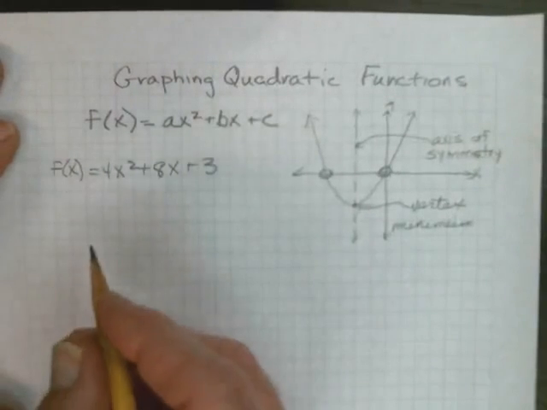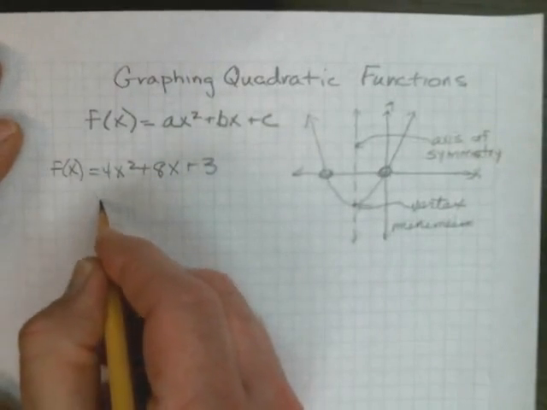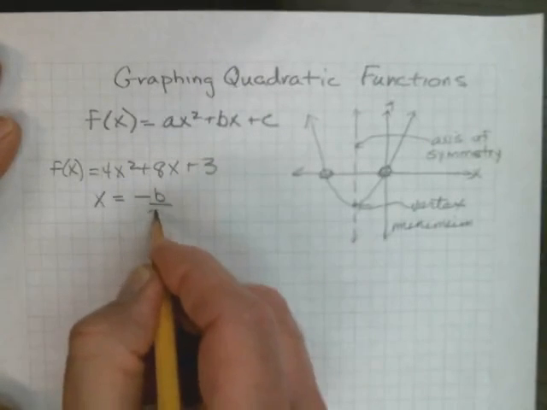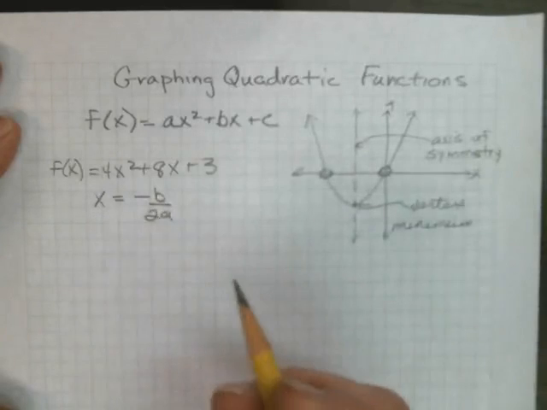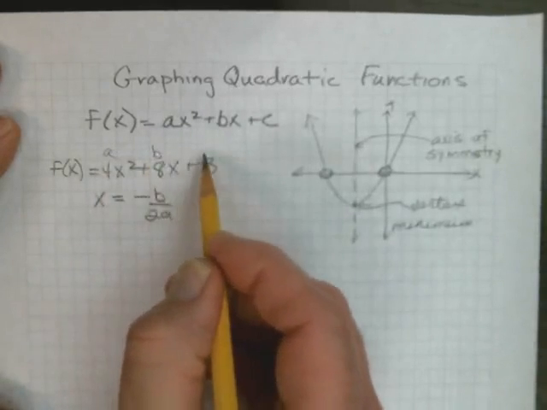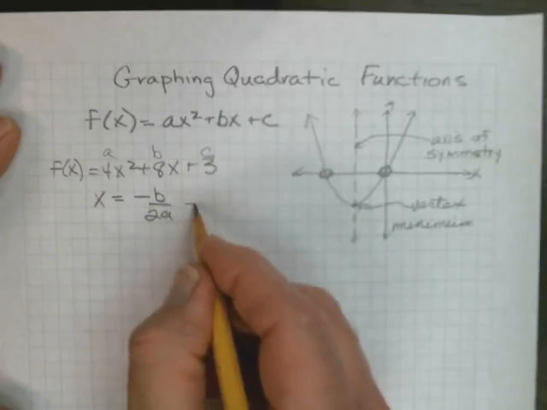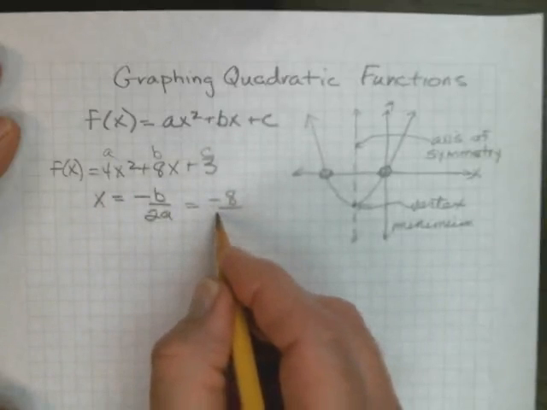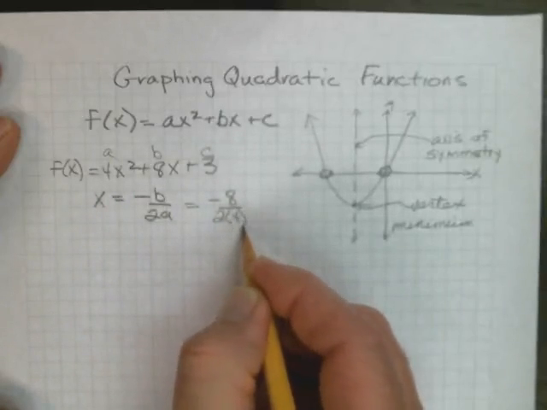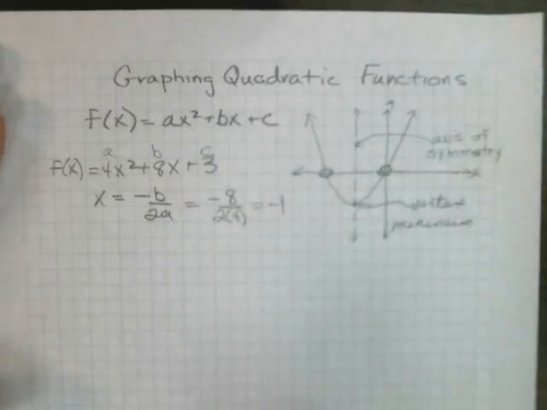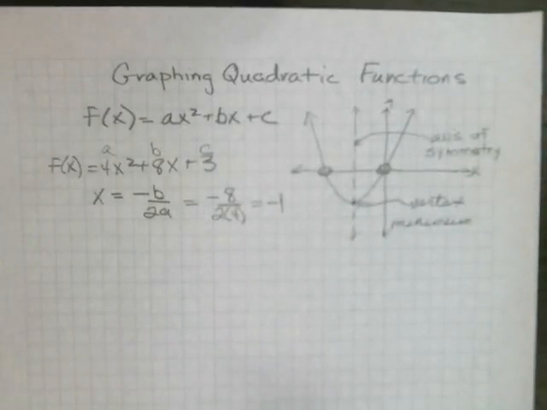The axis of symmetry, you can always find by x is equal to the opposite of b over 2a. So, again, this is like the a, the b, and the c. So the opposite of b here is going to be -8 over 2 times 4, or -8 over 8 is -1.